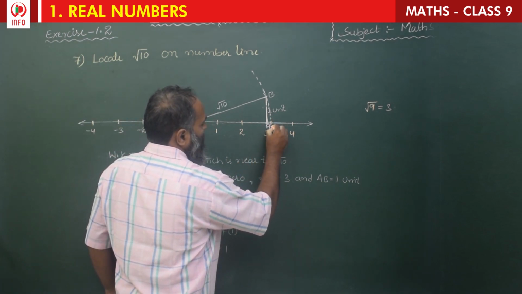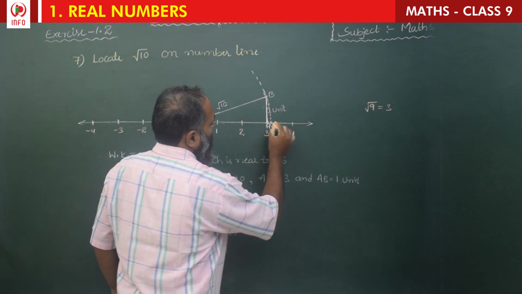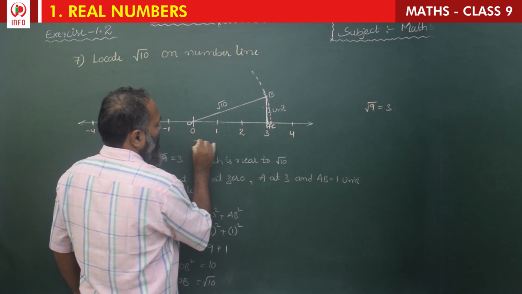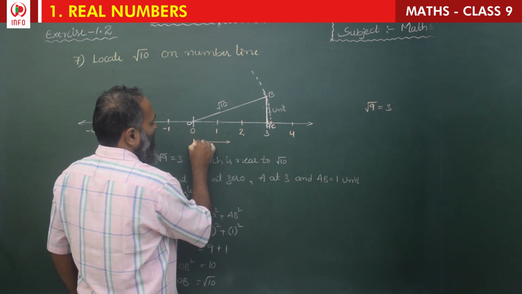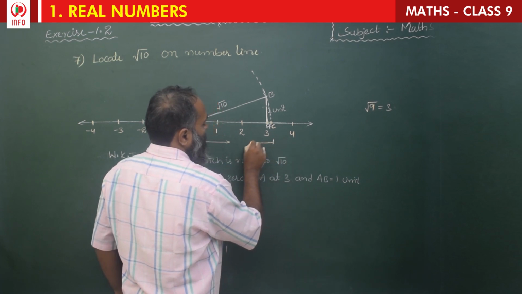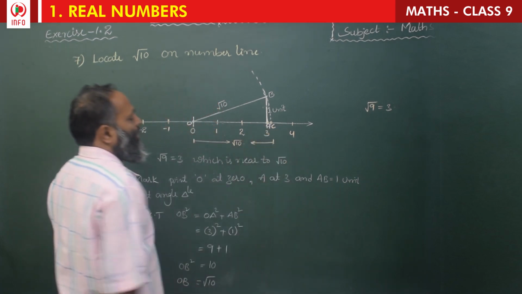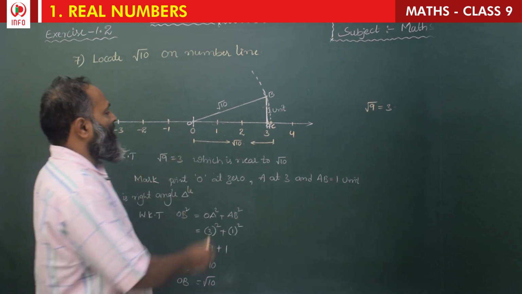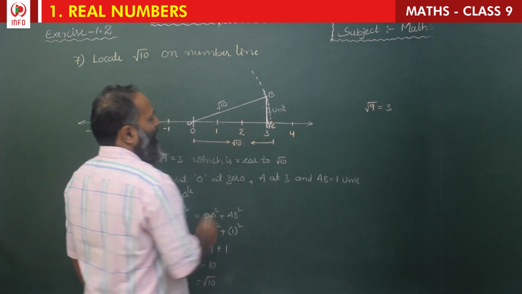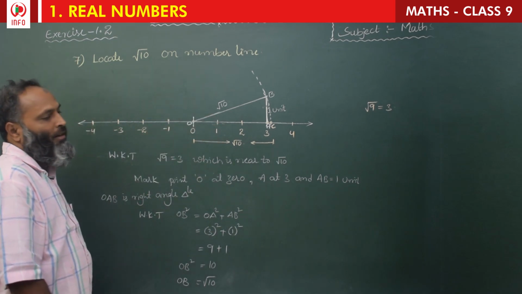This is point C, beside A. From O to C the distance is root 10 units. So this represents square root 10. In this way we draw square root 10 on a number line.